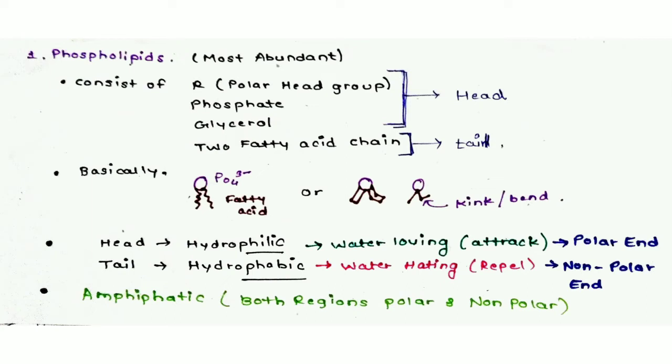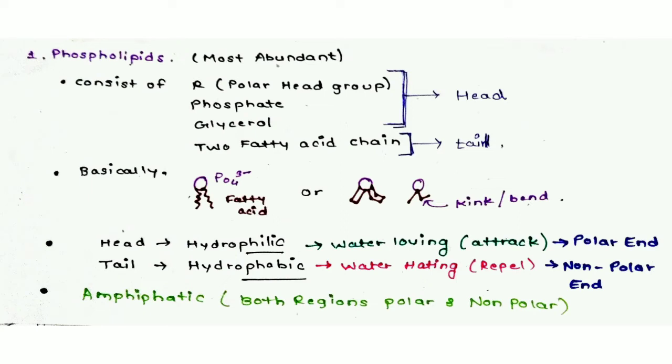So the head region here is hydrophilic, meaning water loving, or you can say the polar end, because the phosphate is a charged particle, and a charged particle can easily dissolve in aqueous solution or water. So it is polar or hydrophilic, because water breaks into ions, H plus and OH minus, whereas the tail region is hydrophobic.